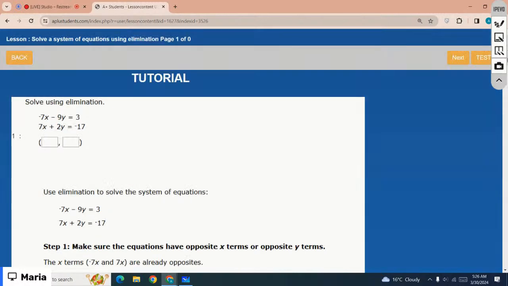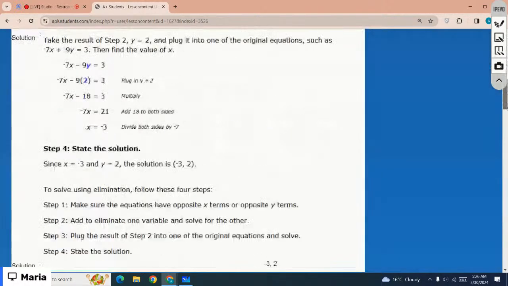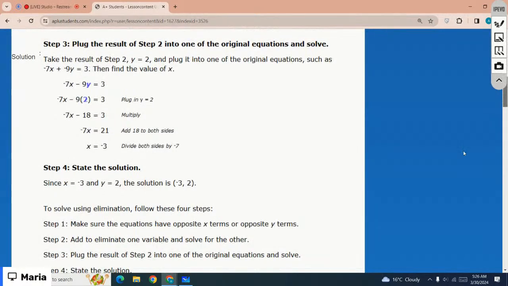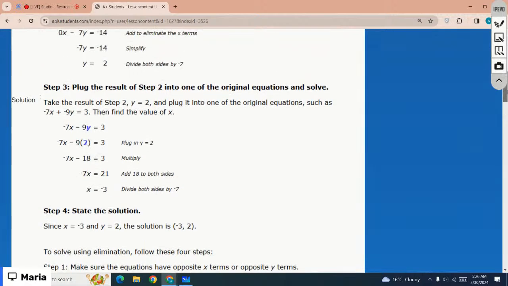Now you plug the result of step 2 into one of the original equations and solve. You now have the value of the variable y, that is y equals 2. You can substitute y equals 2 in any of the equations and calculate the value of x, right? And that is the solution of the equation, that is x equals negative 3 and y equals 2.